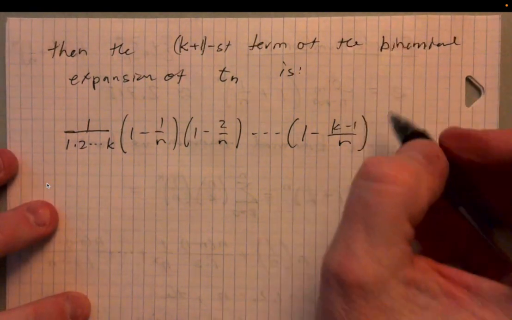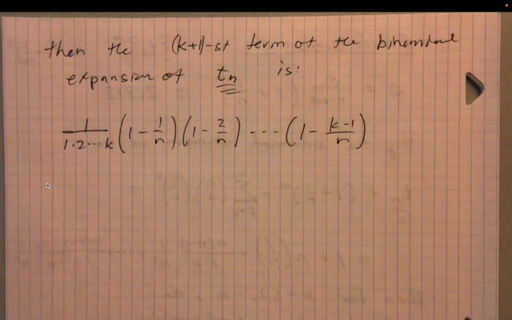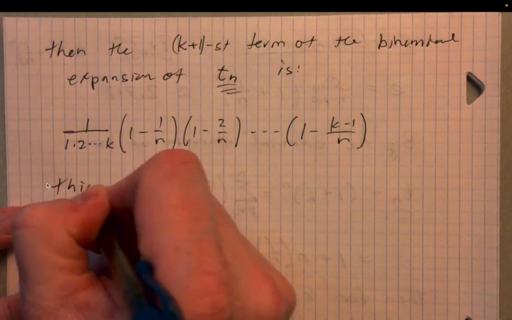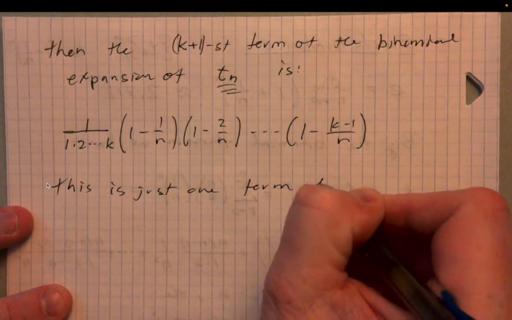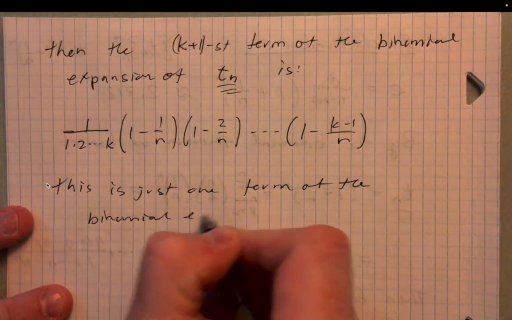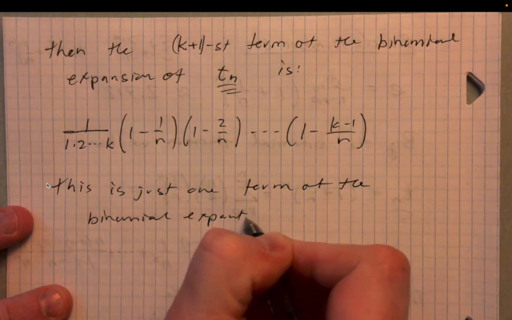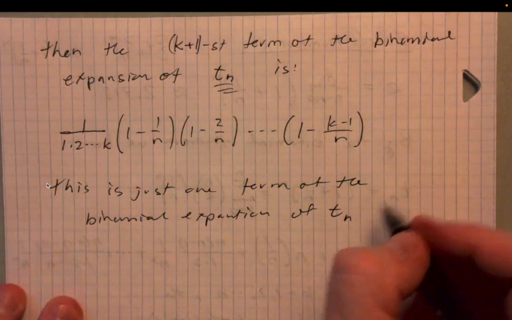All right, so we've got this thing. And so this is one of the terms of the t sub n expansion. And remember, t sub n is one of the terms in the sequence, the original sequence. So this is just one term of the binomial expansion of t sub n, right?